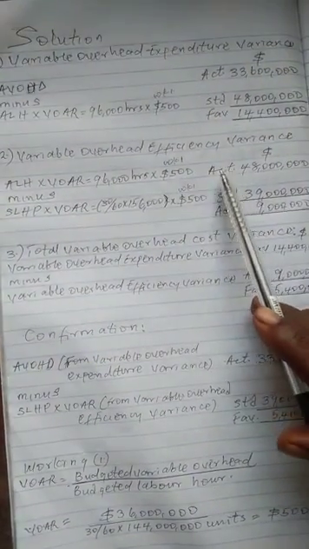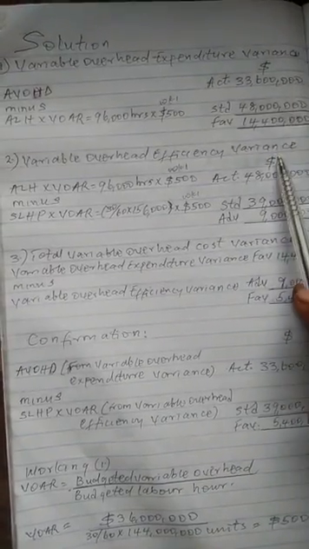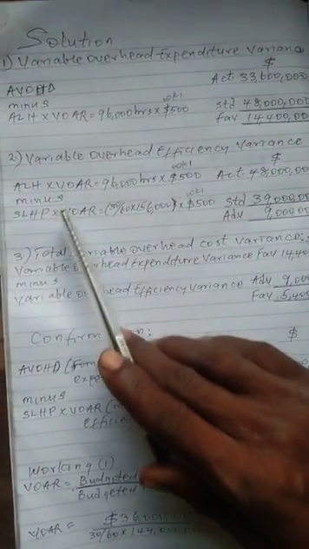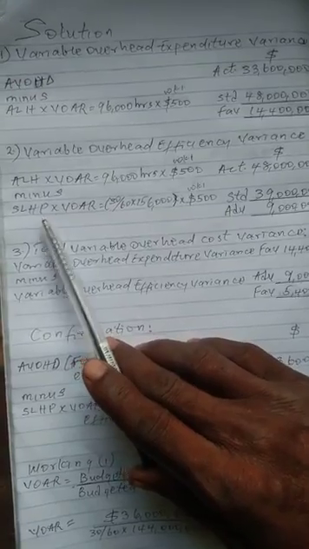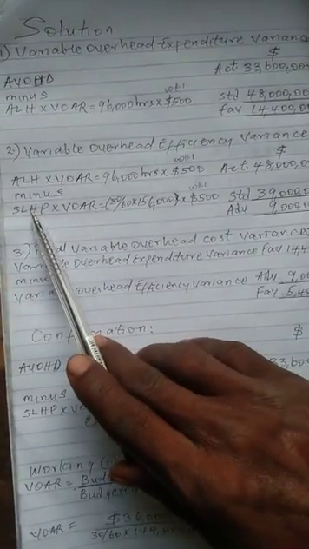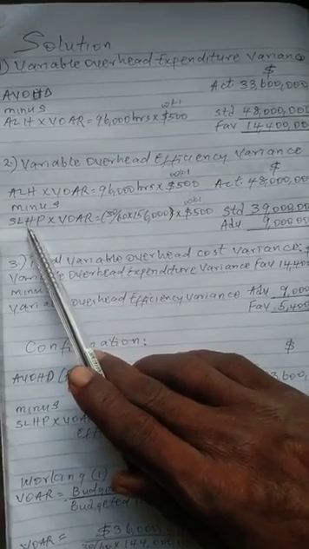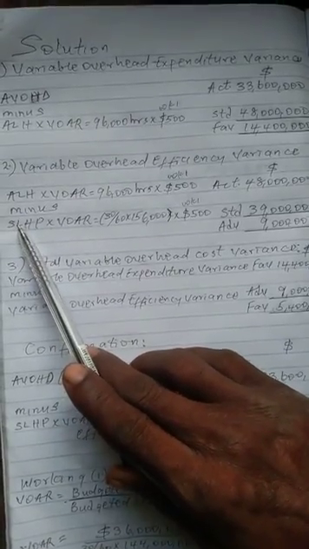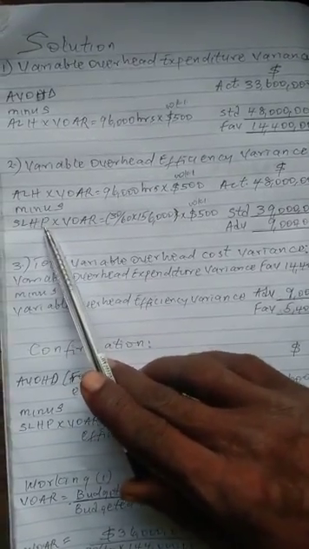So you have your actual, which is 48 million. The same thing here. Look at it. Minus standard labor hour for production multiplied by variable overhead absorption rate. In this case, you go to the actual aspect of the question. Standard labor hour for actual production.